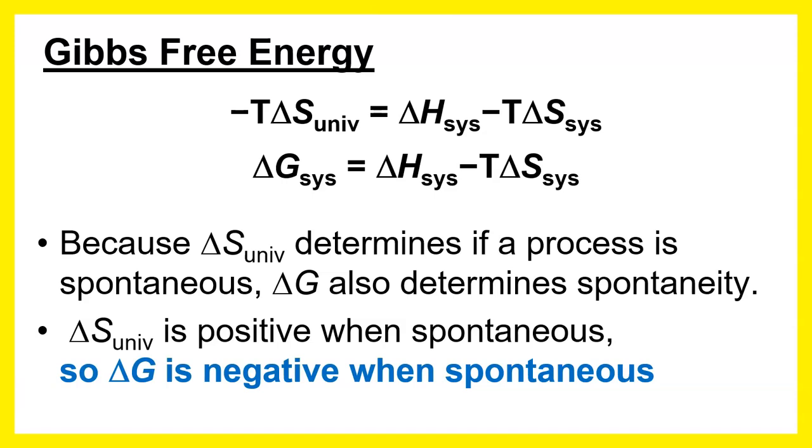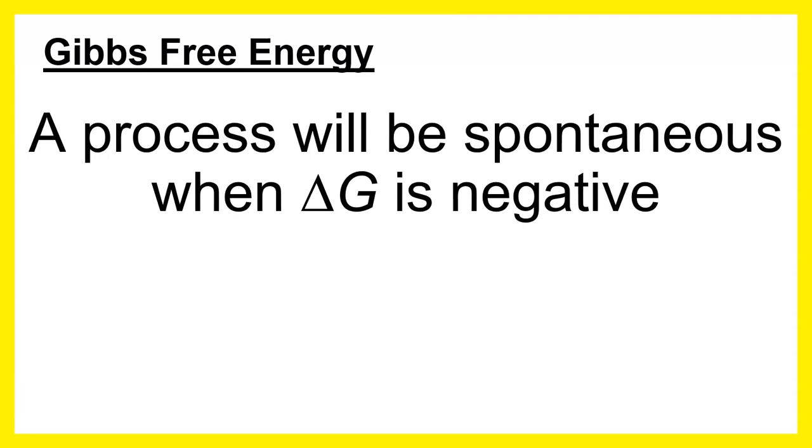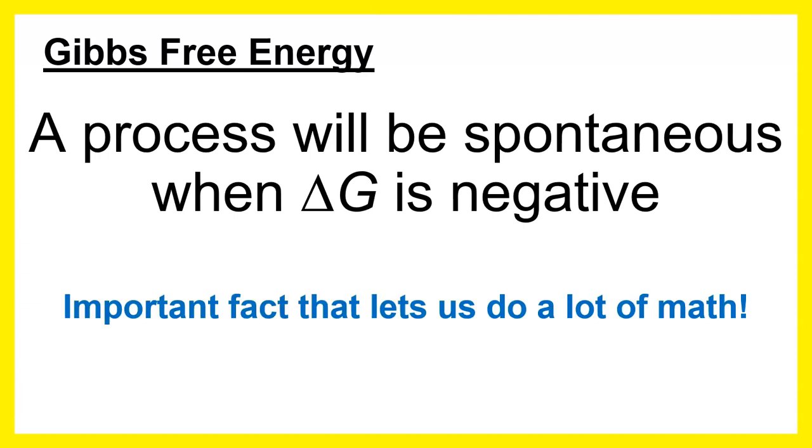So that's why a negative change in Gibbs free energy can be used to determine if the change in entropy of the universe was positive or not, which is the same as deciding whether something's spontaneous or not. And remember our big important fact, that negative delta G means spontaneous, big deal.